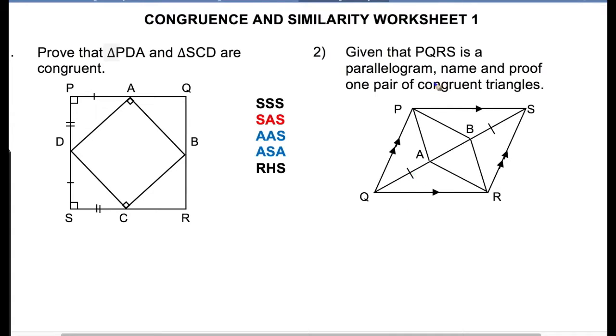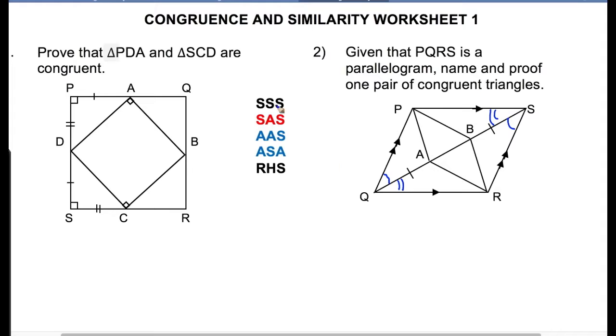In the second sum, we are given PQRS, which is a parallelogram. That means we have parallel lines, which means that we can identify alternate angles which are equal, such as this angle and these two angles. Thus, we can notice that we have a triangle with two angles given.